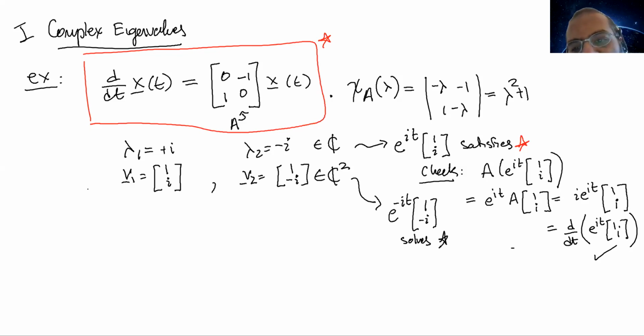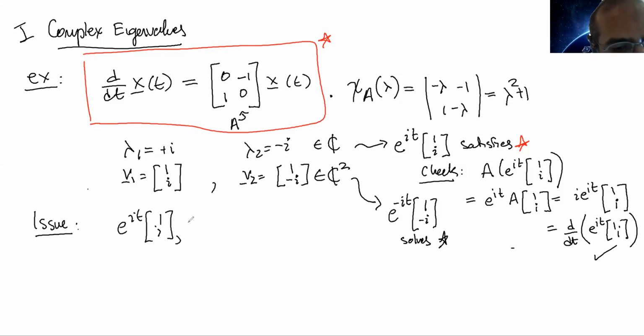Algebraically speaking, nothing really changed. The problem is that these solutions are not real valued functions. So they're not in the space F2 that we defined.